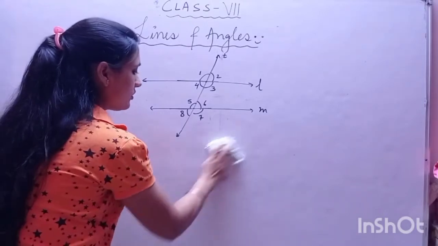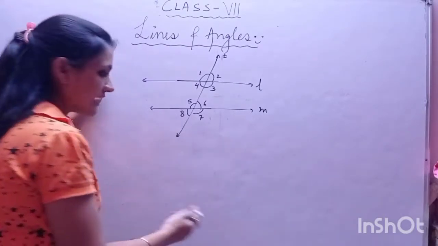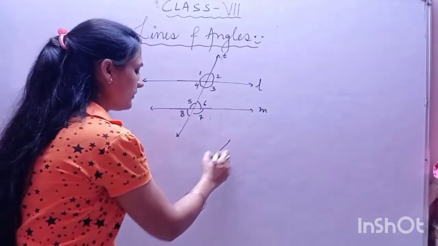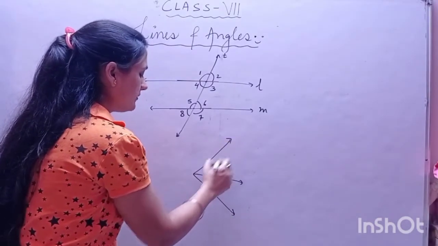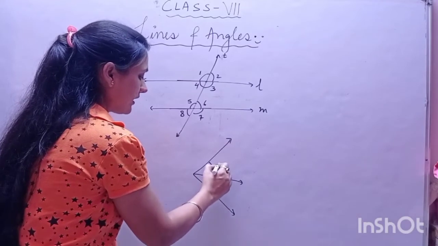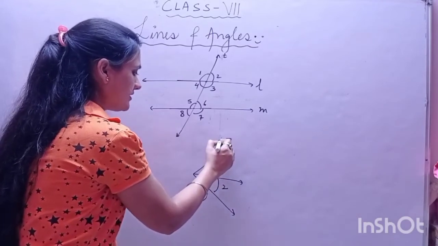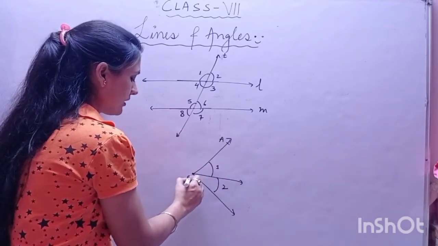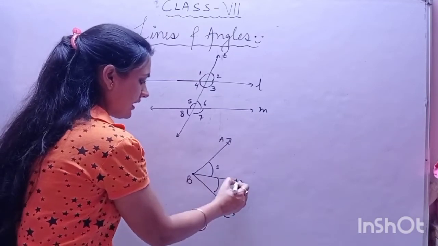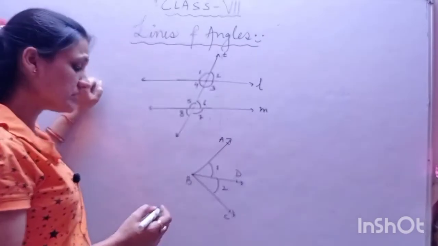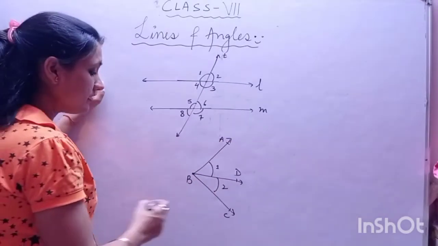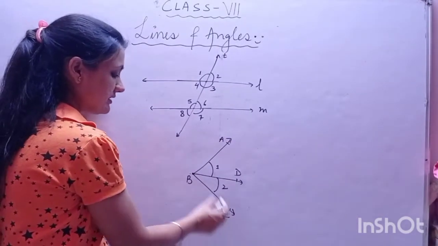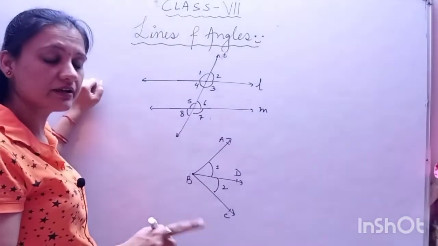Next concept is the adjacent angle. Suppose we form one angle and one more angle. You can see here this angle and this angle, angle 1 and angle 2. Let us name this figure A, B, C and D. Angle 1 is ABD and angle 2 is DBC, and they are adjacent angles.